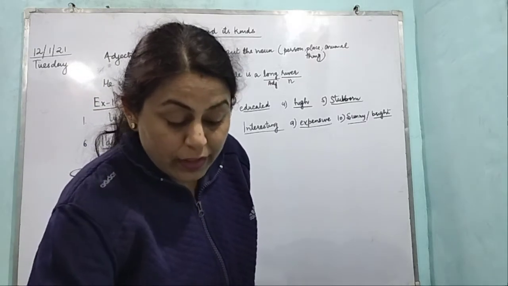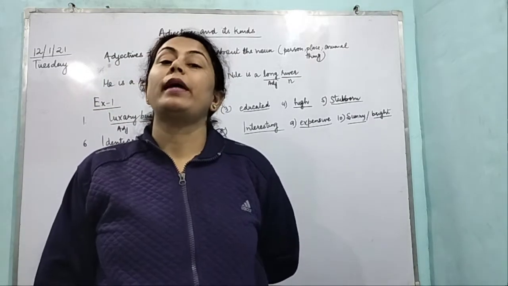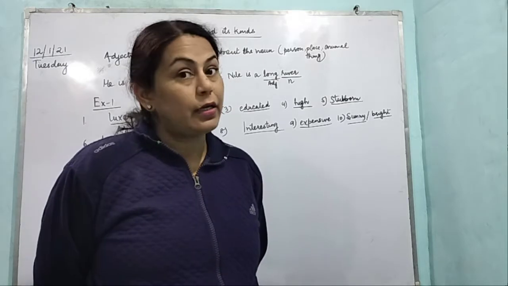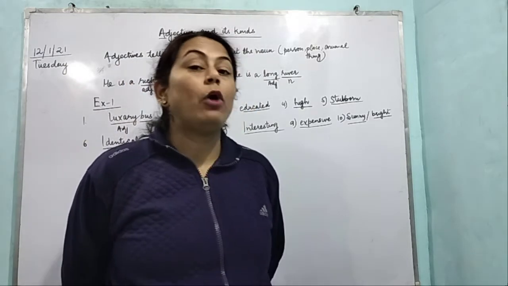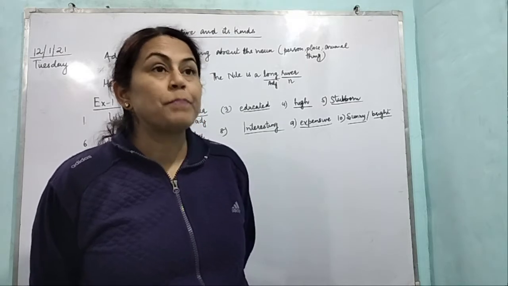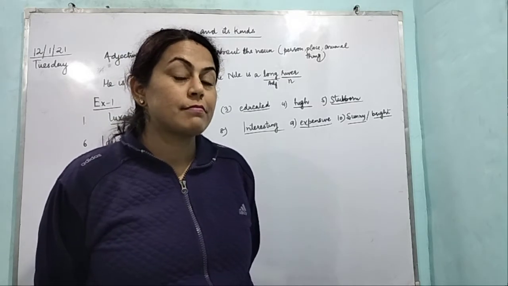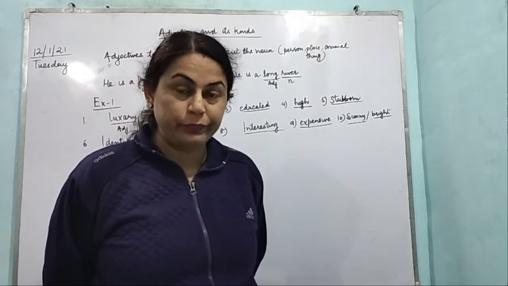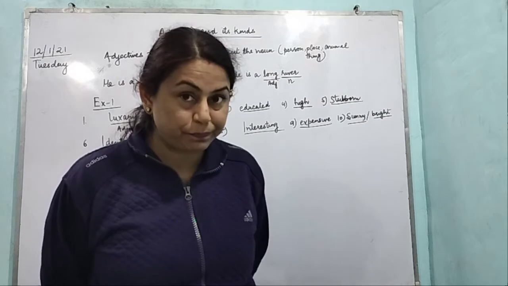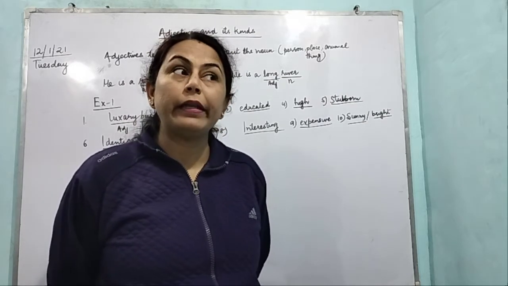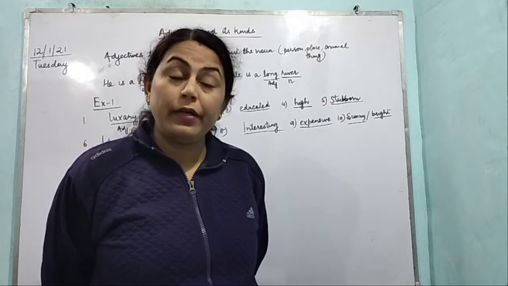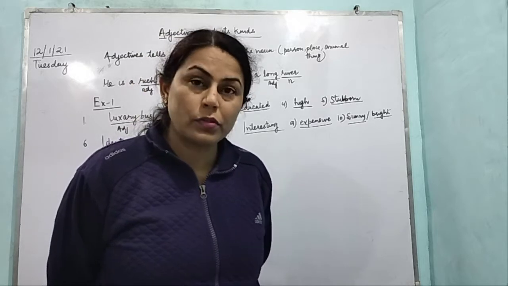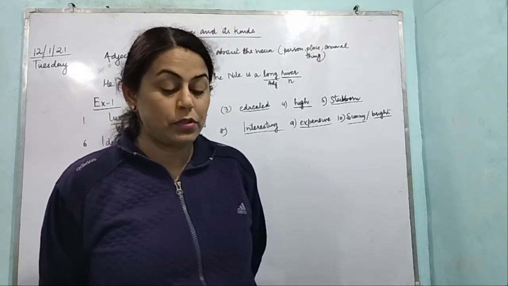Now we come to the kinds of adjectives. So like nouns, there are kinds of nouns also. Can you tell me how many types of nouns are there? Proper noun, common noun, abstract noun, then collective nouns and gender nouns, plural nouns. So all these are types of nouns.